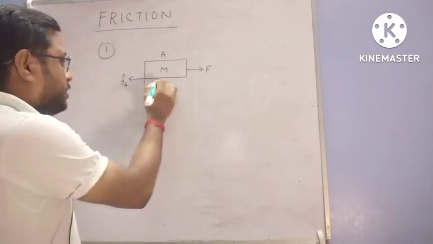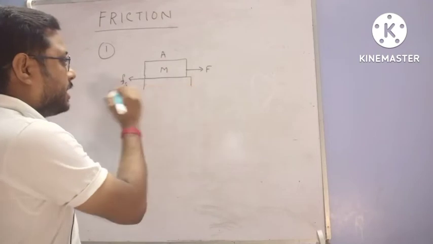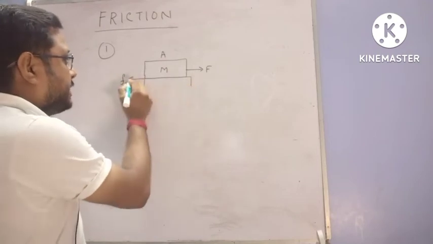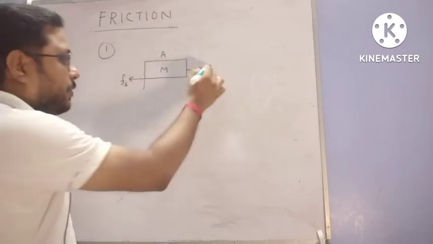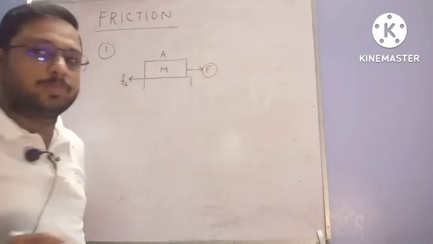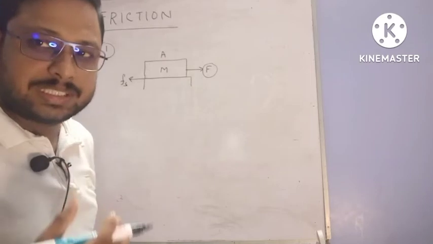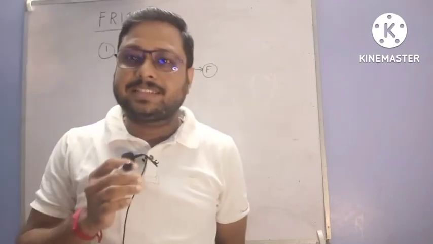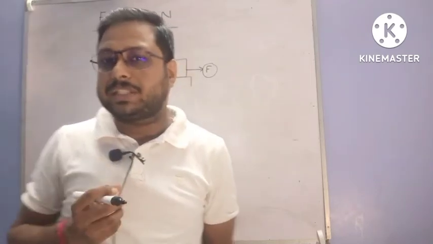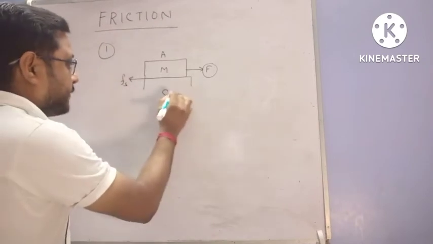If this block is placed on the ground, then friction opposes the external force so that it cannot move. This type of friction, which opposes the tendency of moving of an object, is called static friction.